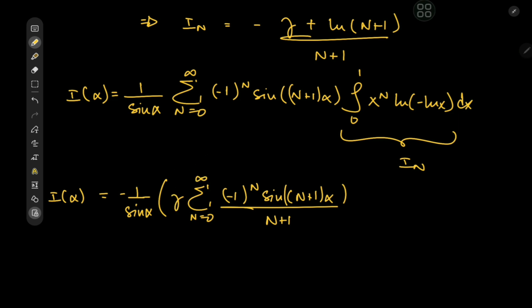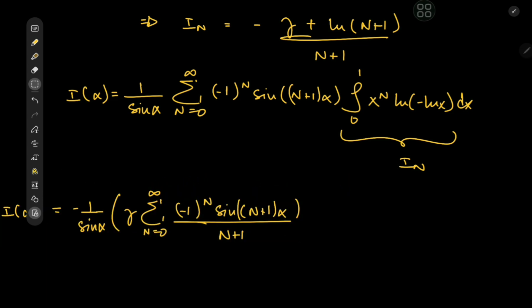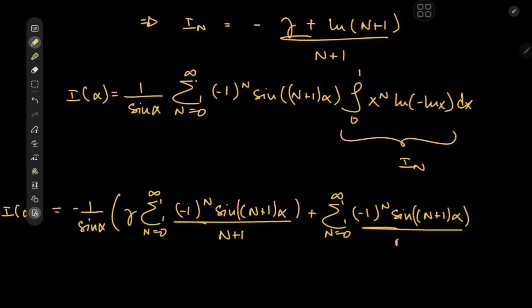Still looks weird, but slightly better. Then I'll just give myself some more writing space for the other infinite series, and that is the sum over n from 0 to infinity of negative 1 to the n times, again, sine of n plus 1 alpha divided by n plus 1, but this time times the logarithm of n plus 1.